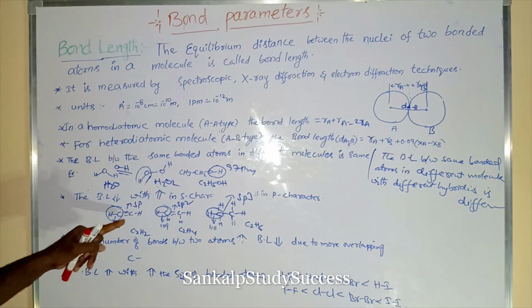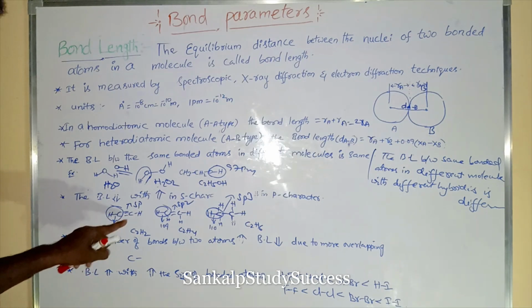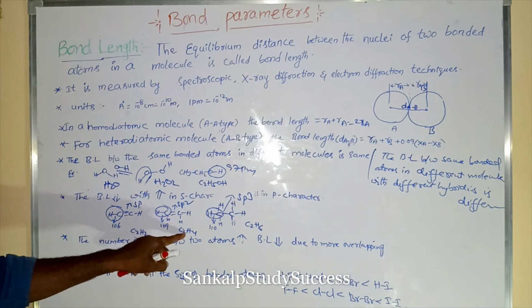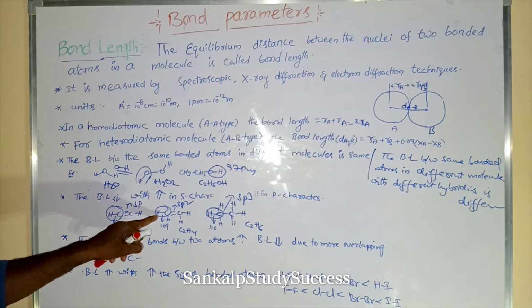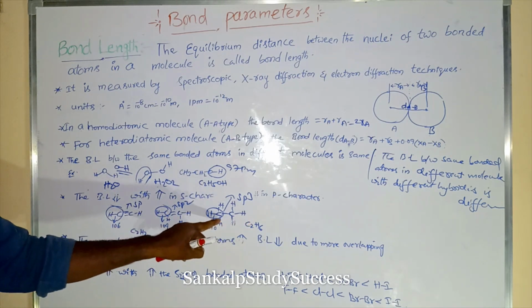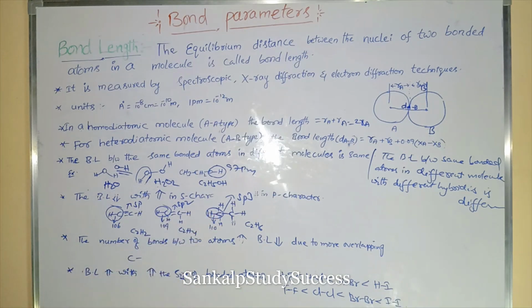So in acetylene, the C-H bond length is 106 picometer. Sorry, 106 picometer. And in ethene, the C-H bond length is 109. In ethane, the C-H bond length is 110.